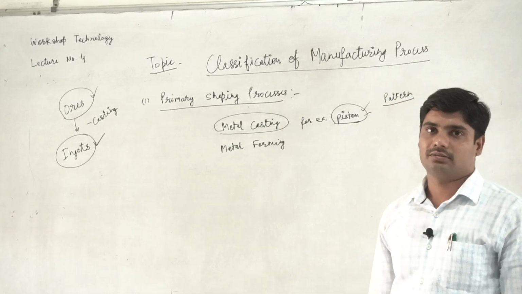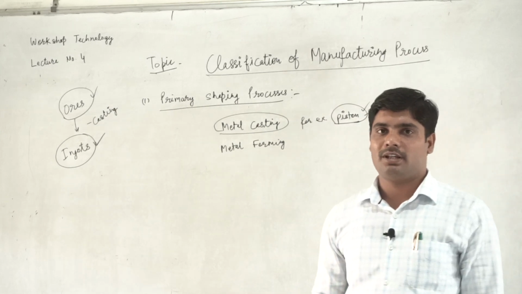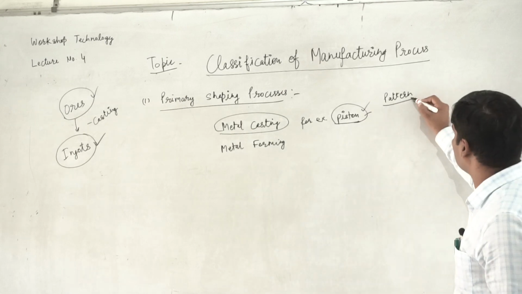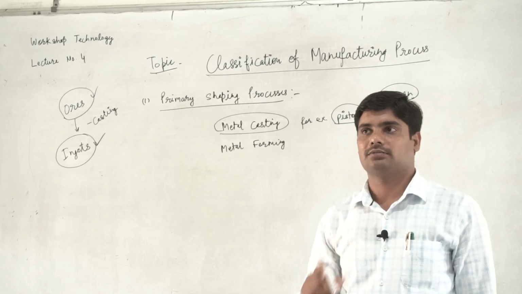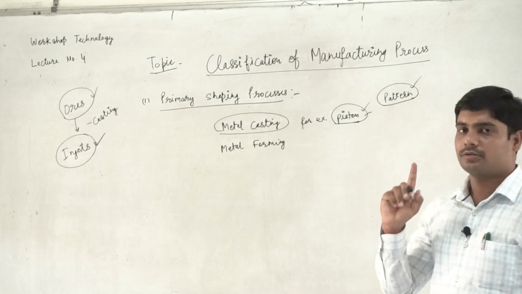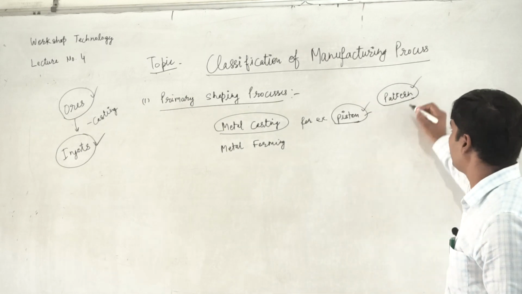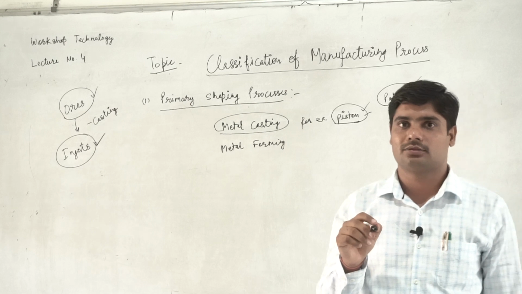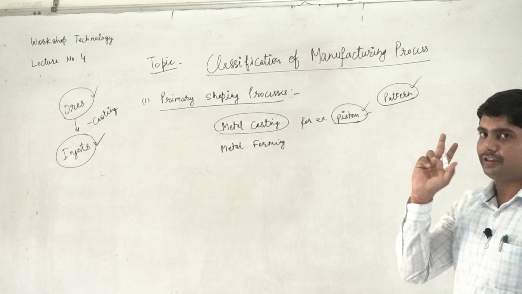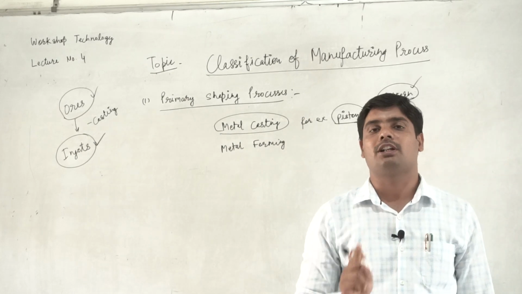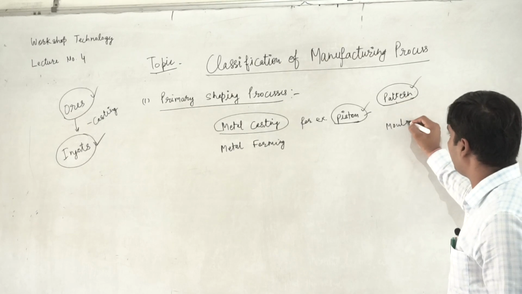a pattern is manufactured. The material may be wax, may be wood, may be metal. That is a masterpiece, a single product, which is manufactured very precisely, very accurately, because each and every dimension and shape of your pattern will decide your future casting. With the help of that masterpiece, the exact replica of your product, molding sand is prepared.